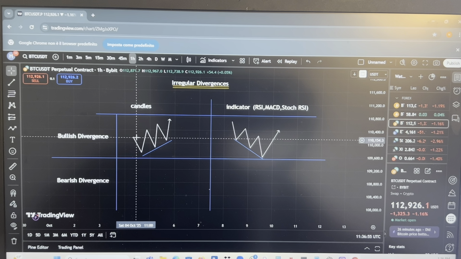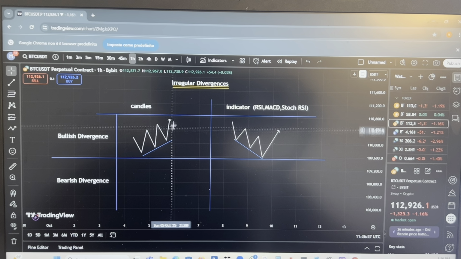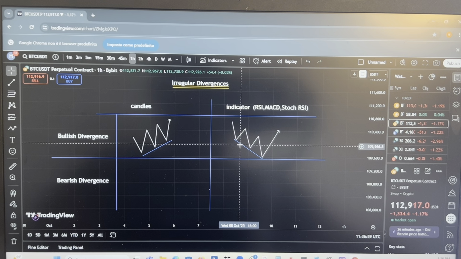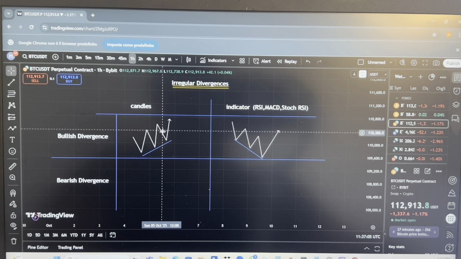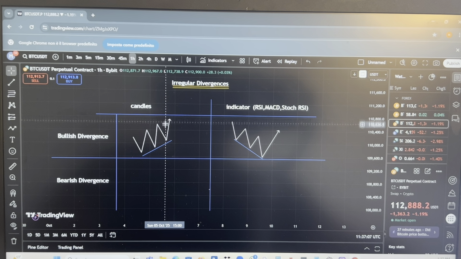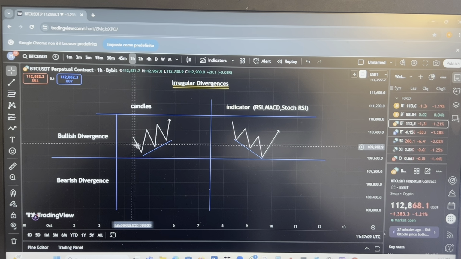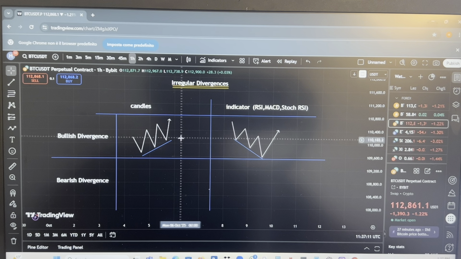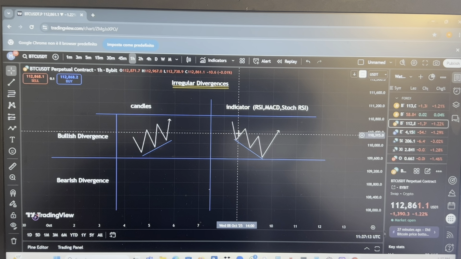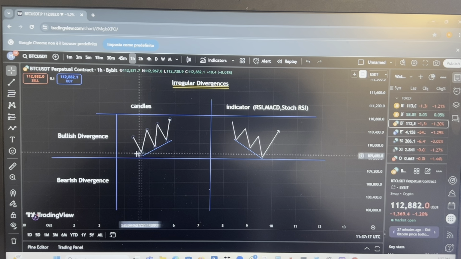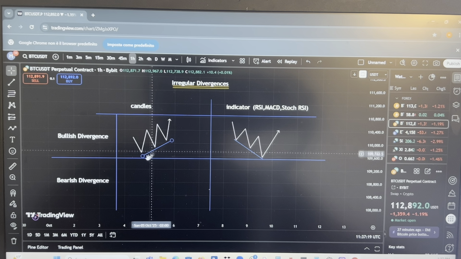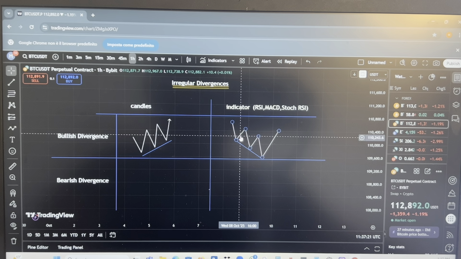So when the market is making higher lows, the indicator shows that it's making lower lows. But eventually it will respect the path of the actual market. The market was in an uptrend, and even though the market is showing an uptrend, making higher lows, the indicator shows that it's making lower lows.